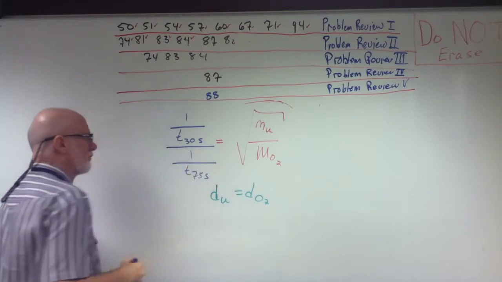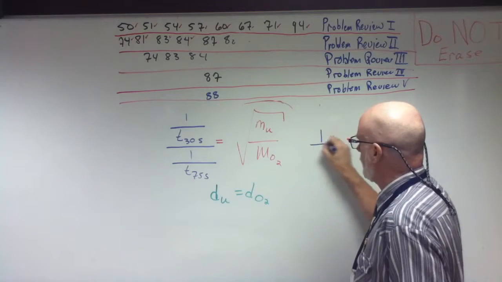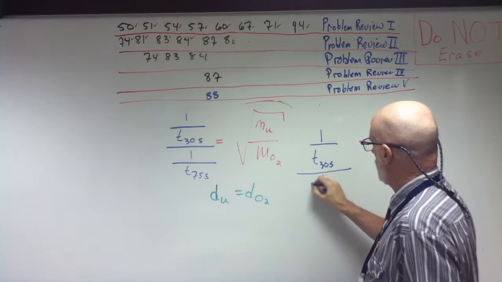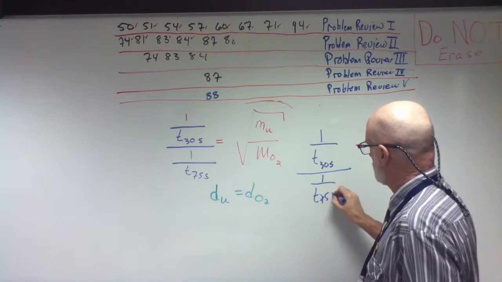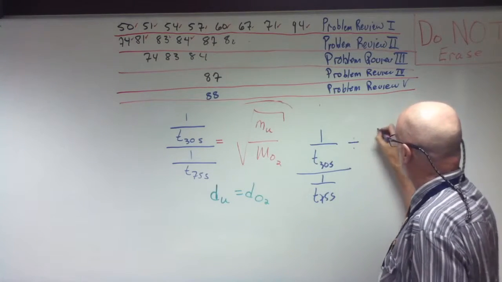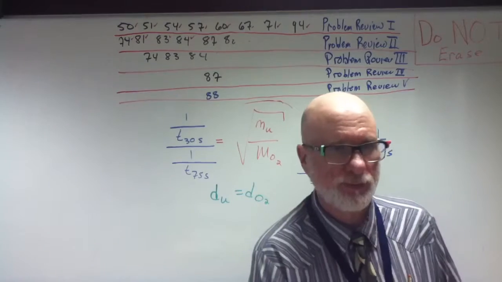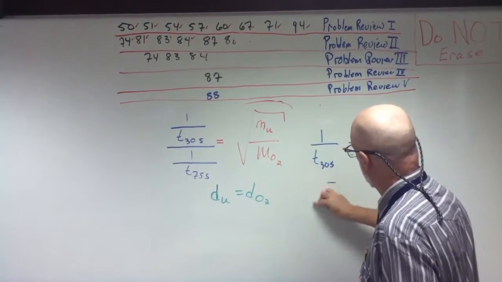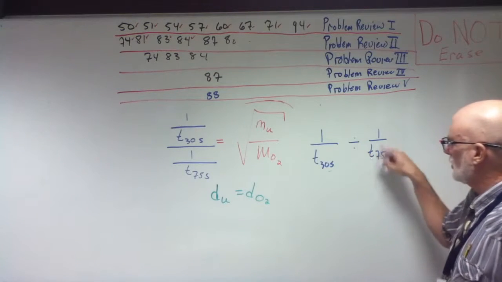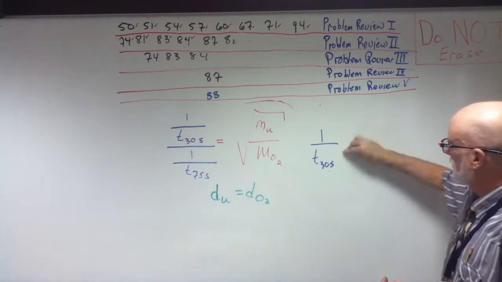So what I'm ending up with is 1 over t of 30 seconds divided by 1 over t of 75 seconds. Isn't that true? And I can also take the reciprocal of that.